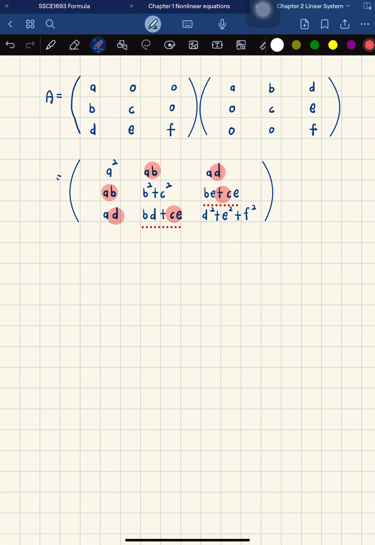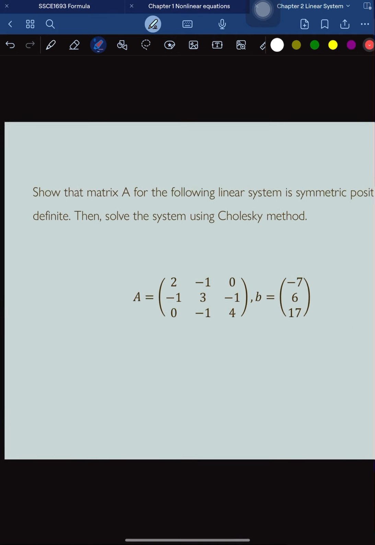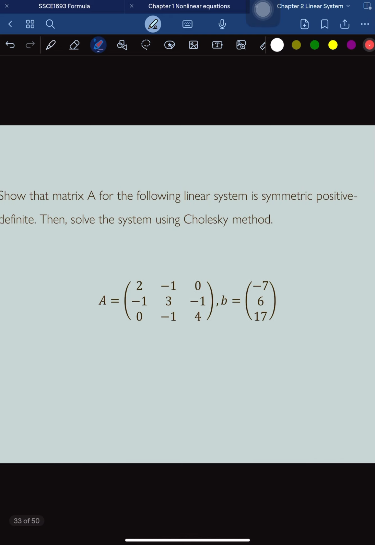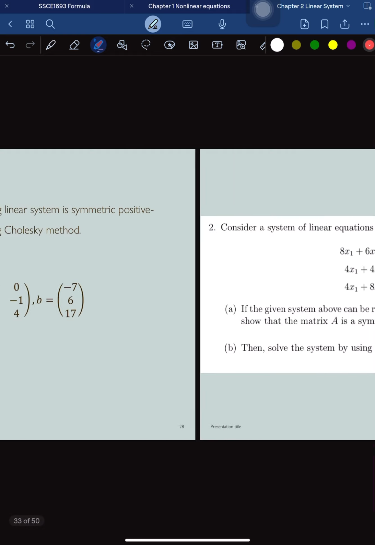Right, so let's try this example. Show that the matrix A for the following linear system is symmetric, positive definite. Then solve the system by using the Cholesky method.